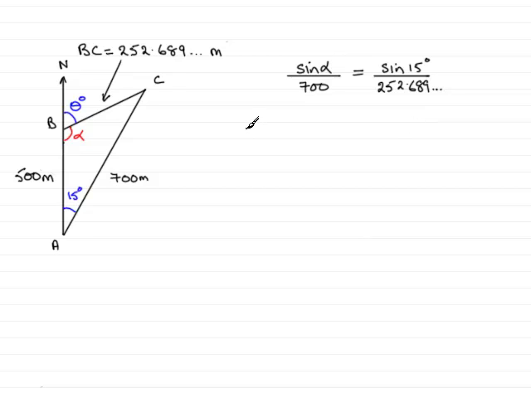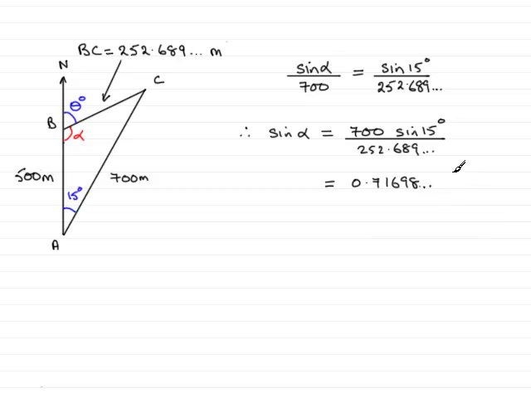So to work out sine alpha, I just need to multiply both sides by the 700, so we have 700 multiplied by sine 15 over 252.689 and so on. And if I work that out on a calculator, you find that you get 0.71698.